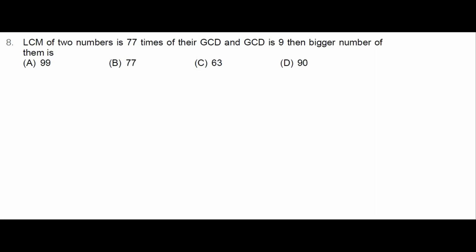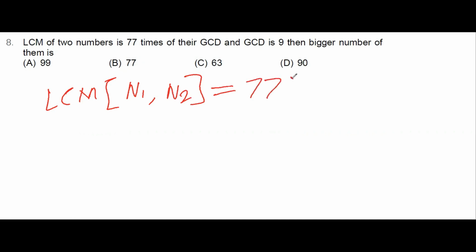Okay, question number 8, it says LCM of two numbers is 77 times their GCD. So first number is say N1, second number is N2. The LCM of the two numbers is 77 times the GCD of N1 and N2, and GCD is 9.